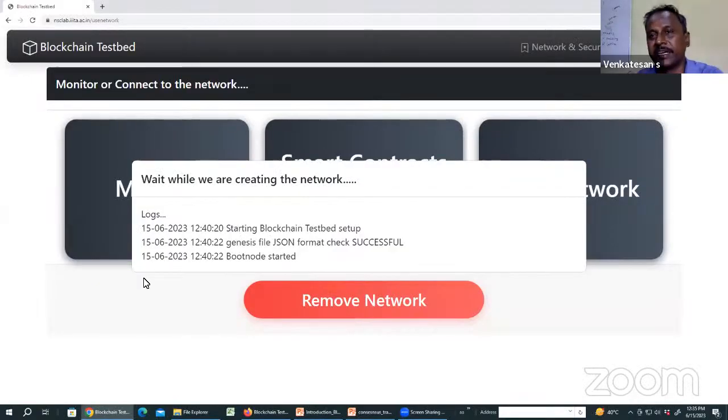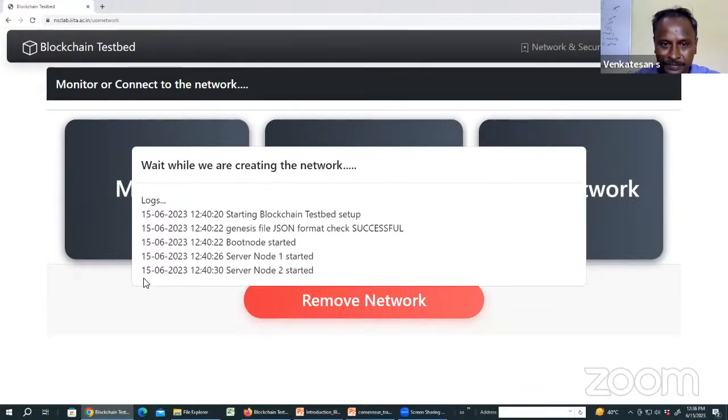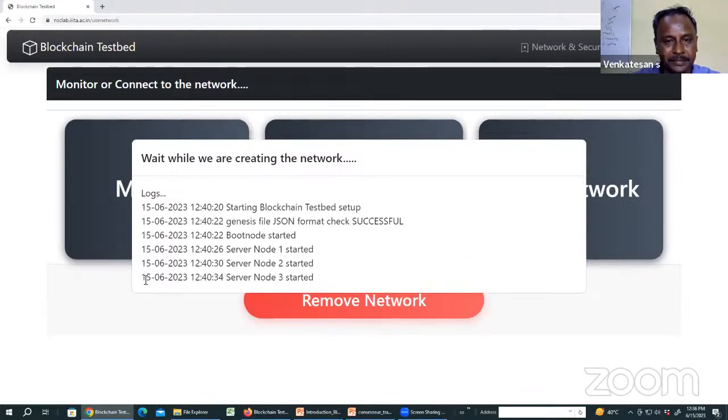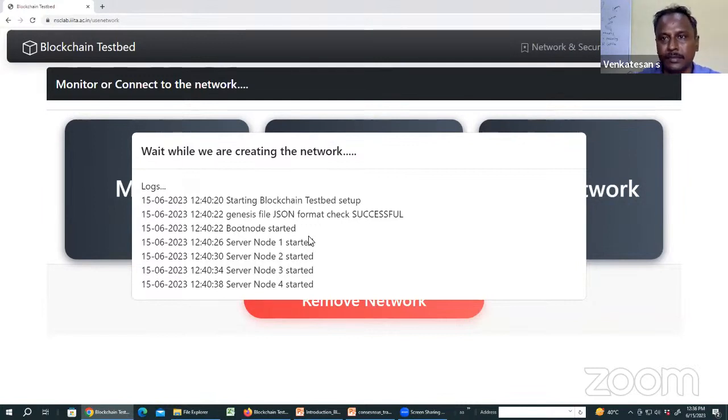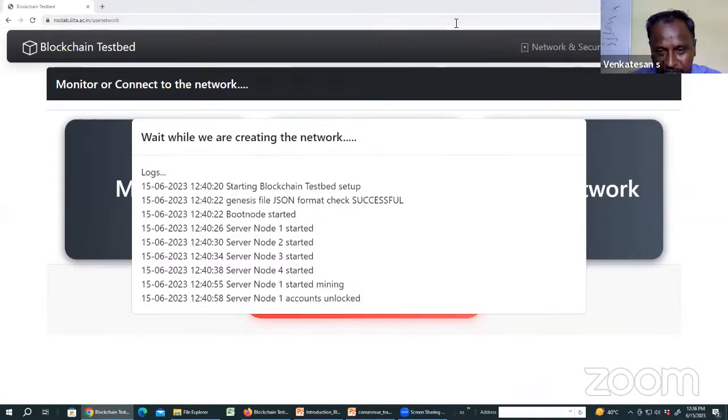So now the network is getting created, the blockchain network. That means every node is getting booted up for the Ethereum network. So it will take some time.